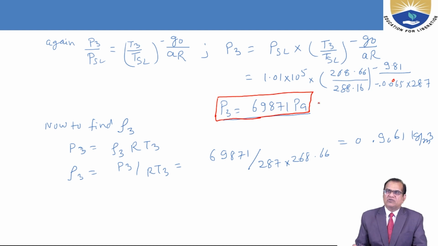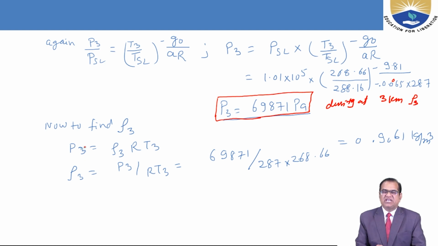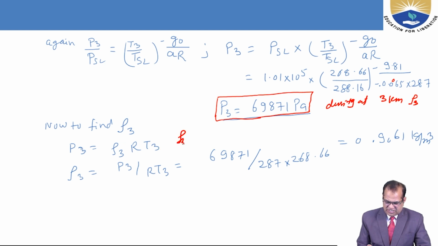Now we have to find the density. The density at 3 kilometer is called rho 3, and we know that P3 is equal to rho 3 R T3. So rho 3 is equal to P3 by R T3, and P3 we have got here.